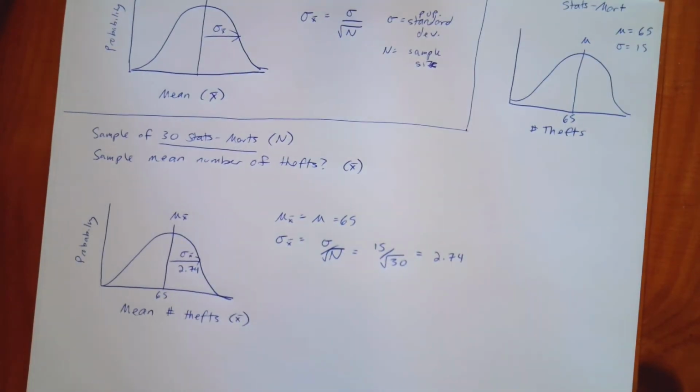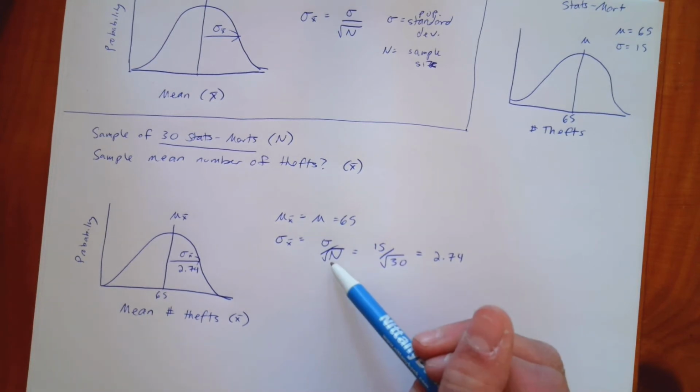And what we're left with is a normal distribution with a mean and a standard deviation, aka standard error. Once we know those two things about a normal distribution, you can do anything with it that you would do with any other normal distribution. But before I go through some examples of that, I do want to quickly note again the relationship between sample size and standard error.